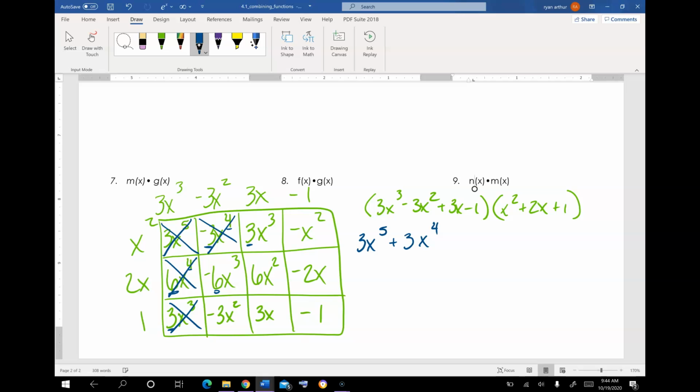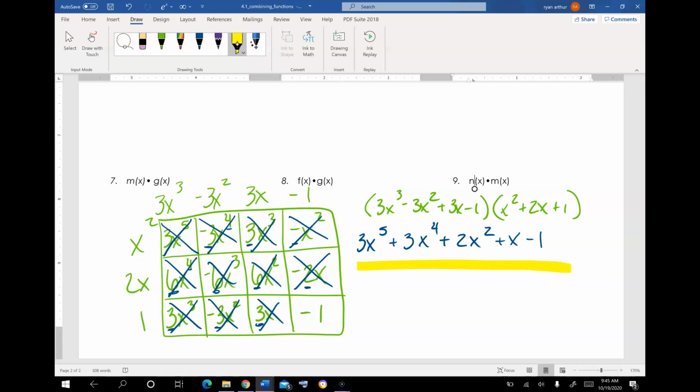That cancels out, so there is no cube term. Okay? Negative 3 plus negative 1 is negative 4. Plus 6 will give me a positive 2x squared. And then 3 minus 2 is just going to be x. And then 1 has nobody like him, and so we just pull him out. And that is your answer.